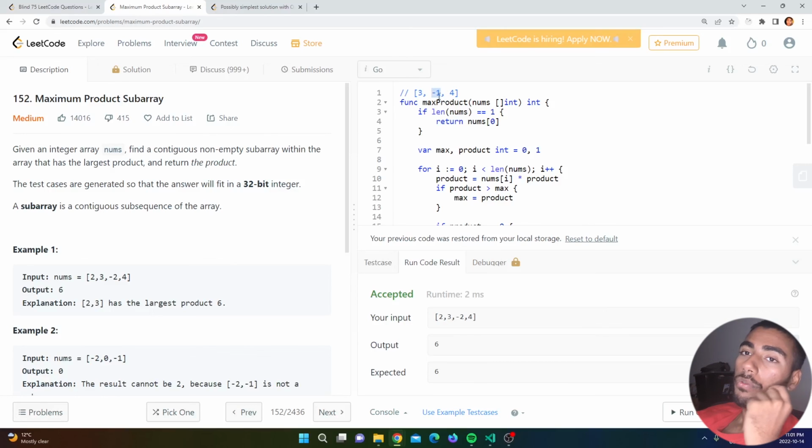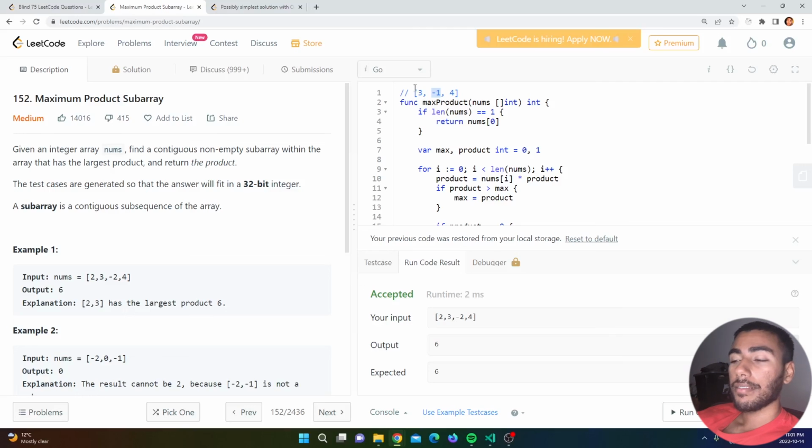What we had to do was also run the formula from the right side to the left to make sure we covered all the cases. So now over here 4 would be the highest product, and then 4 times -1 is -4, and then -4 times 3 would be -12 as well.